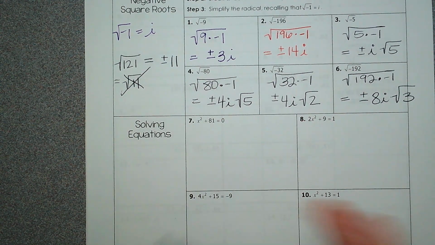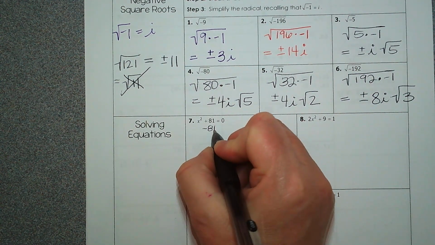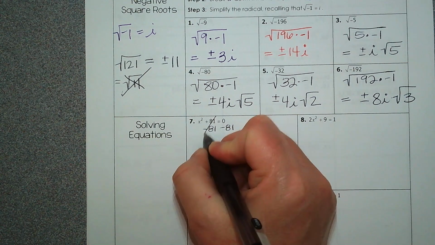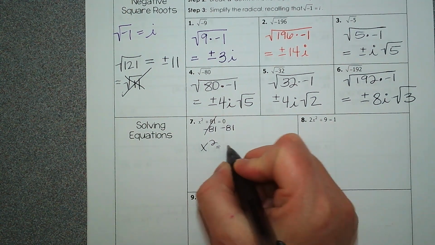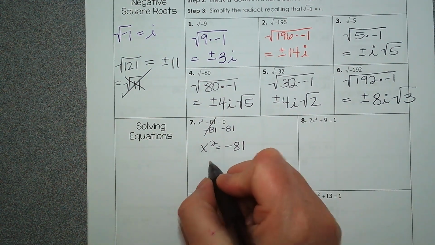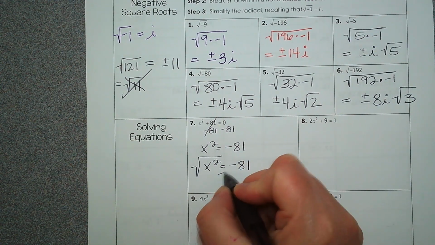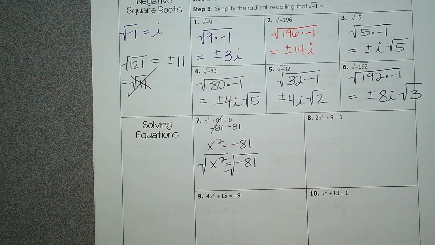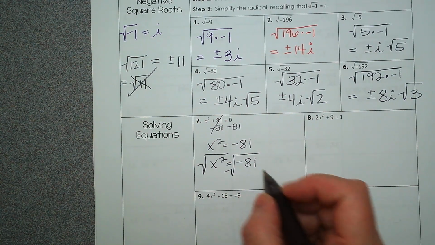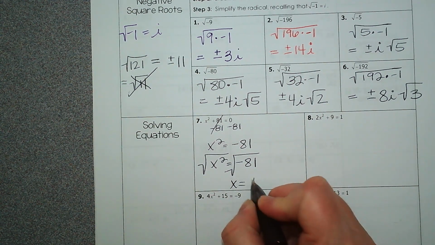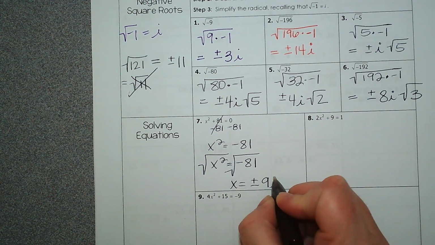Yes, subtract 81 from both sides. Then what? Take the square root. Yes, the opposite of squaring a number is taking the square root. What's the square root of negative 81? Plus or minus 9i.